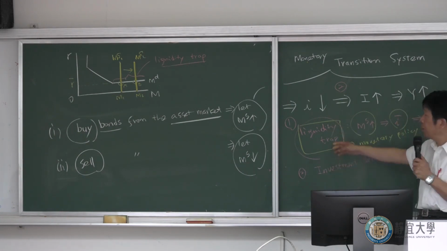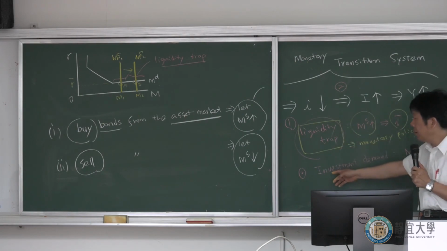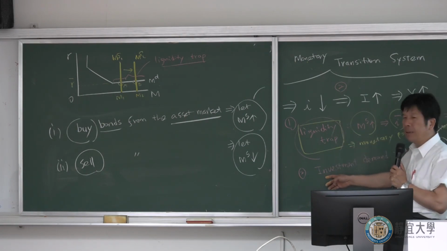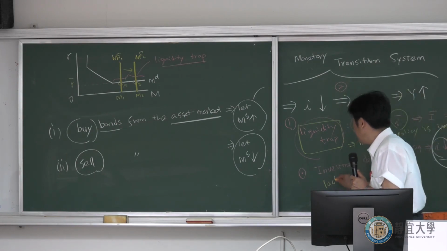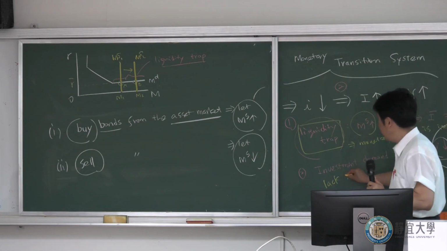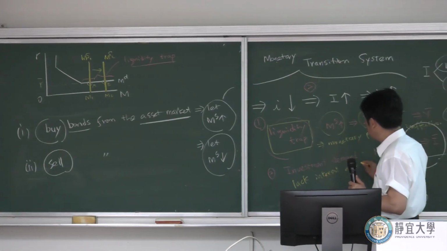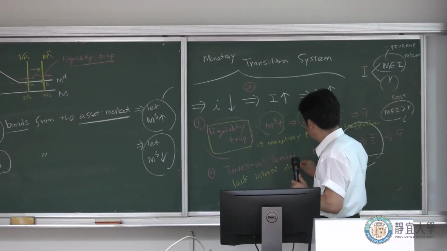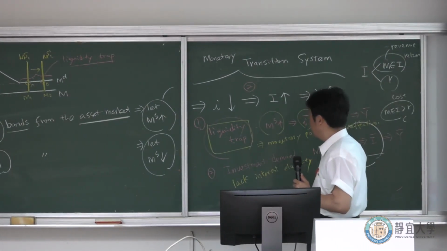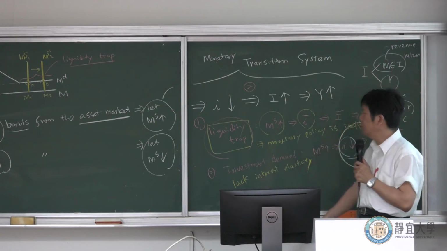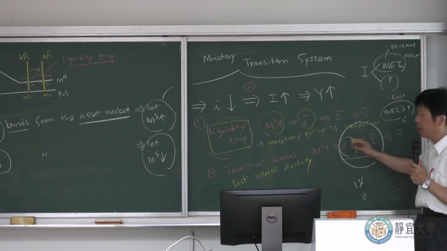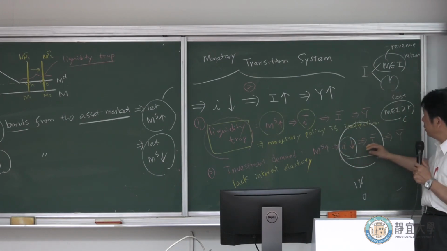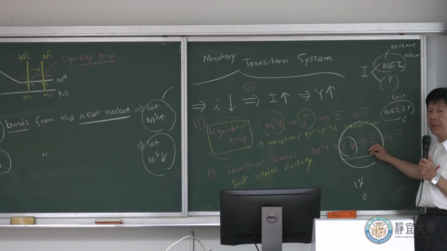The first is the liquidity trap, and the second is the investment lag, or low interest elasticity. It means the money supply can make the interest rate decrease, but investment is also constant, no change.